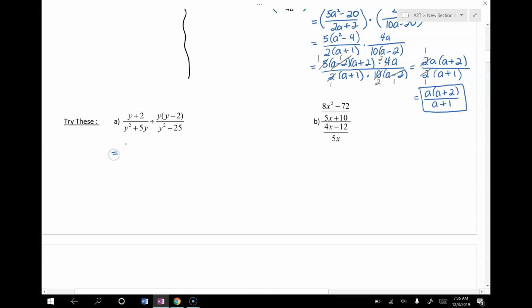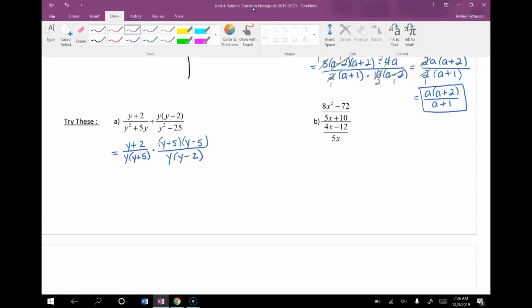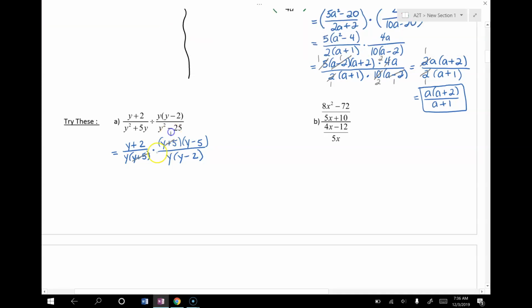These are a little bit more intricate than the first section, so I'm going to go ahead and just write out what I would do. So I'm going to simplify the top and the bottom. I'm also going to change to multiplication and take the reciprocal of the right-hand side. When you cancel or reduce, it looks like that's it.